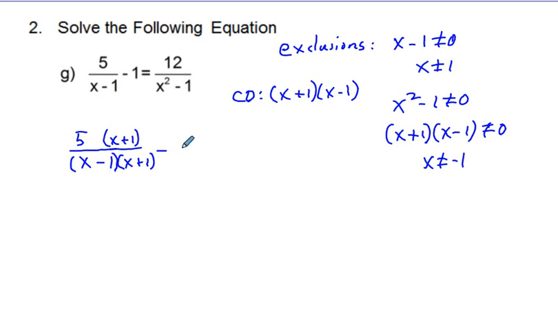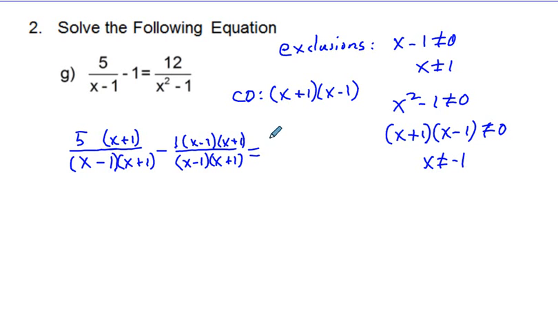Then we have minus 1. And so what do we have to do to get our common denominator? We have to multiply the denominator by x minus 1 times quantity x plus 1. And here we have this in the numerator, likewise x minus 1, x plus 1. And now we're going to the right side of the equation.